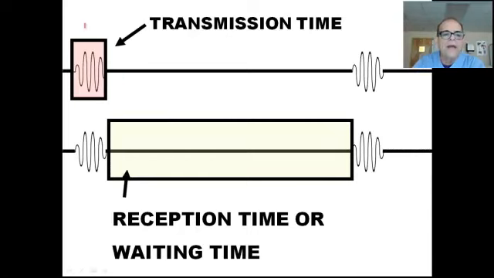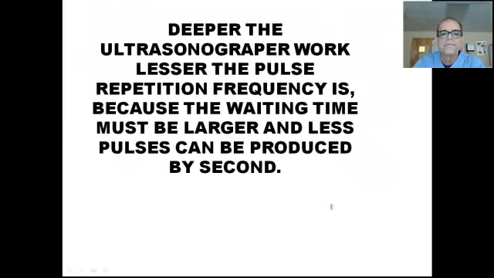Transmission time is the same as pulse duration, and the time the machine is off is called reception time. The deeper the ultrasonographer works, the lower the pulse repetition frequency is, because the waiting time must be larger and fewer pulses can be produced per second.